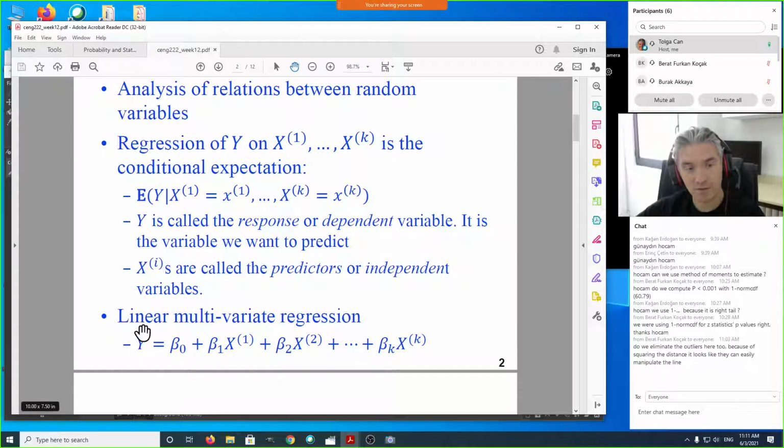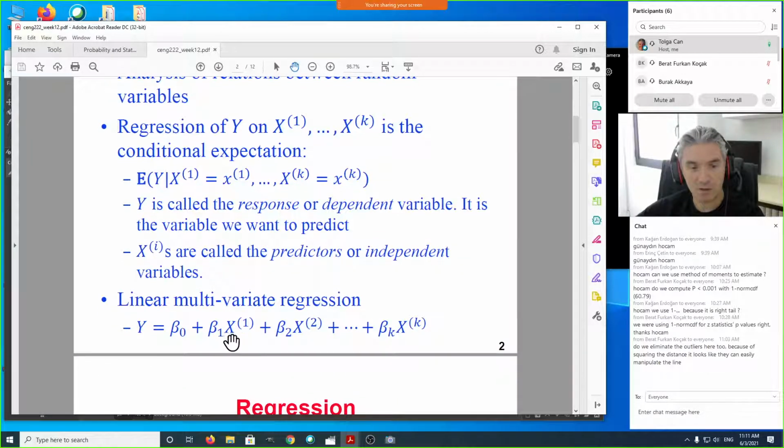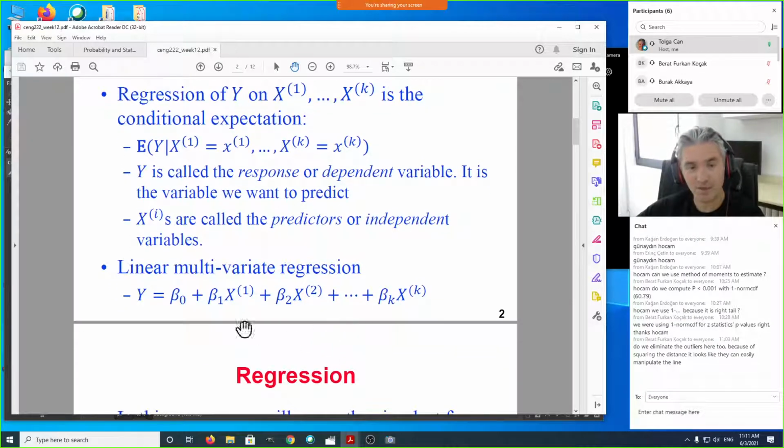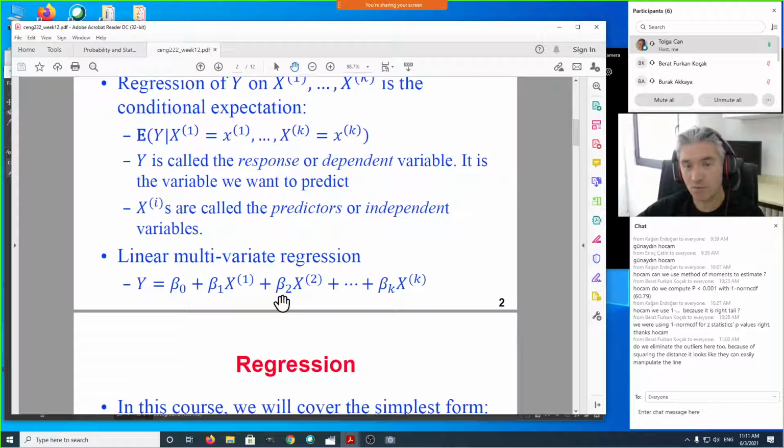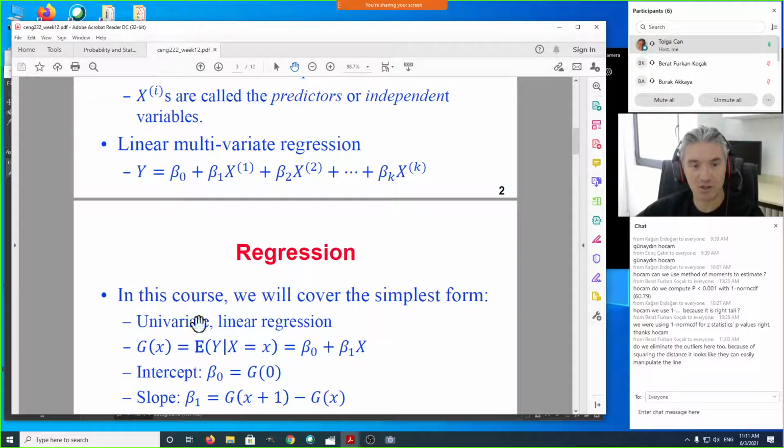So we are going to see linear regression in this course, and we are going to see its simplest form, in which the independent variables, the predictors, will be just one variable, just one x. So it's a single variable, which is called univariate, not multivariate, regression.